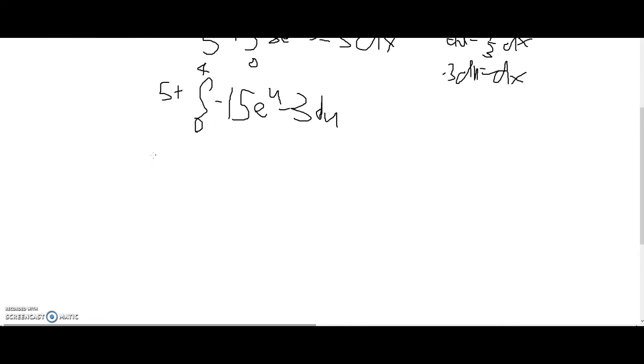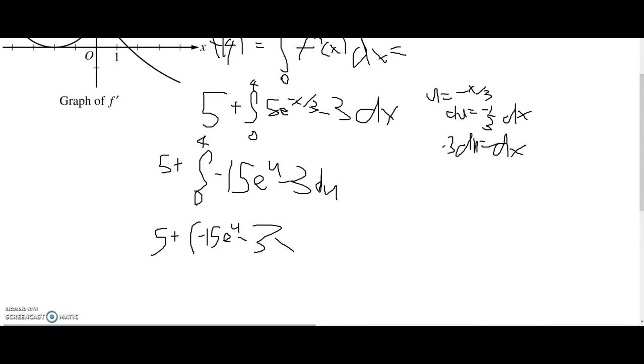We simplify this integral, we get 5 plus negative 15 e to the u minus 3x.